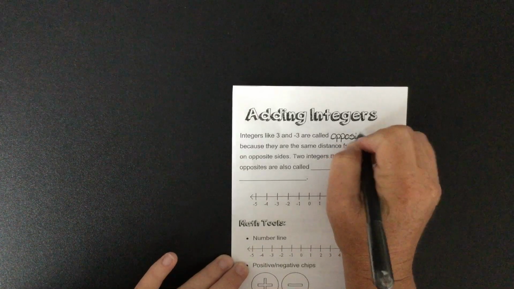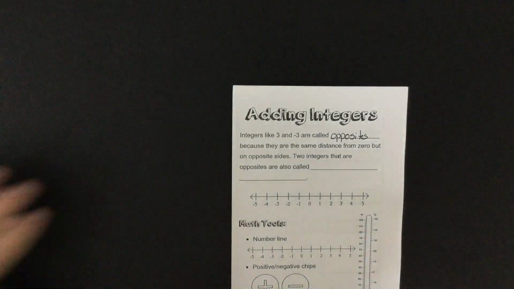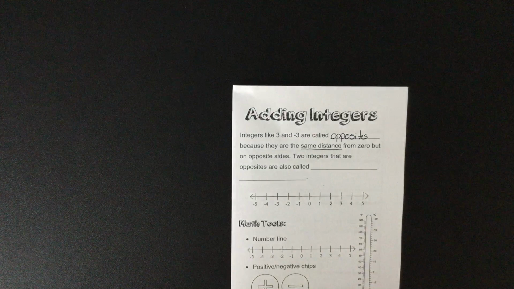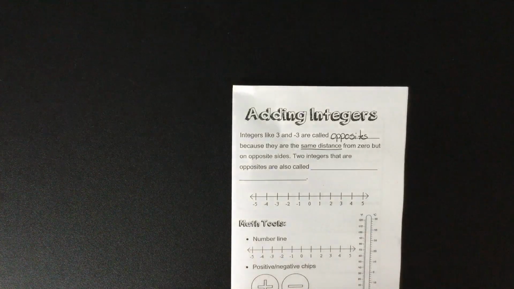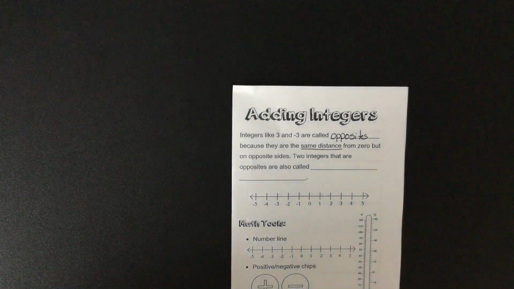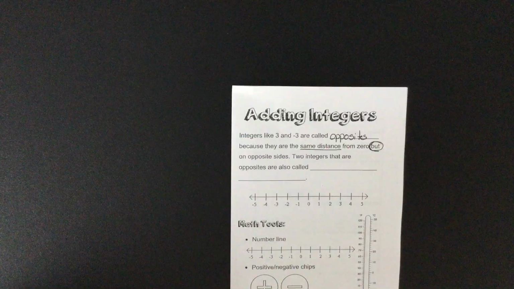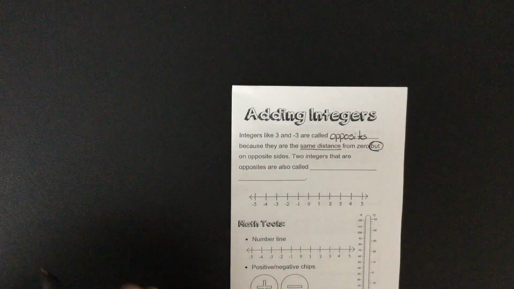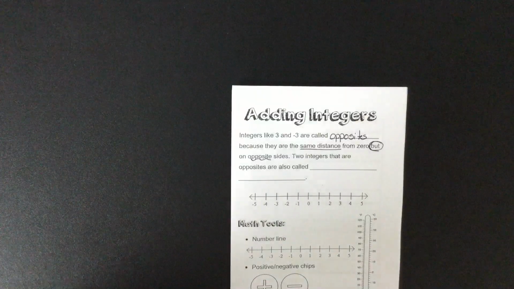They are opposites because they are the same distance. And distance is what? Absolute value. Very good. They are the same distance from 0, but on opposite sides. That's your key word.